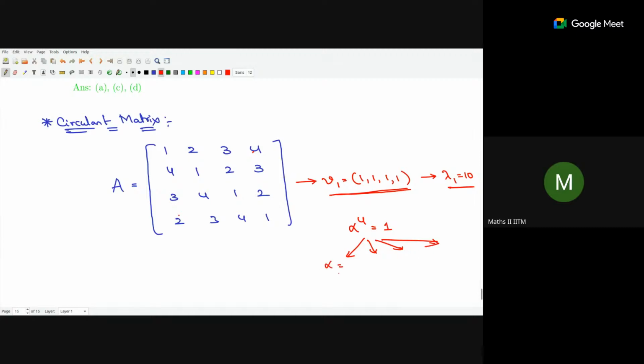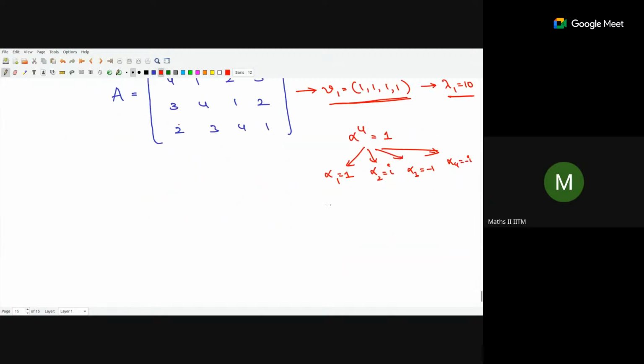Alpha 1 will be 1, alpha 2 you will get as i, alpha 3 as minus 1, alpha 4 as minus i. The four roots of unity are these 4, and they can be written as e power i 2 pi by 4, which is e power i pi by 2.